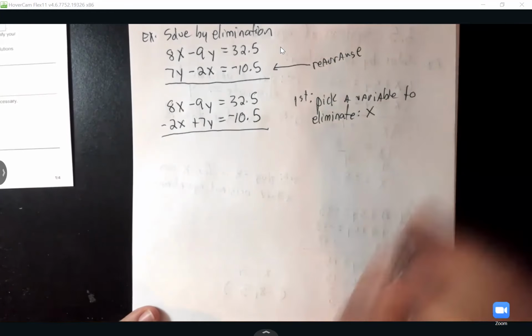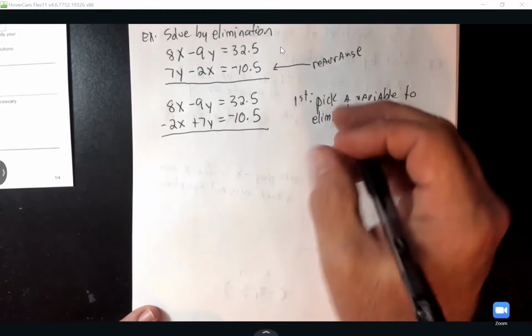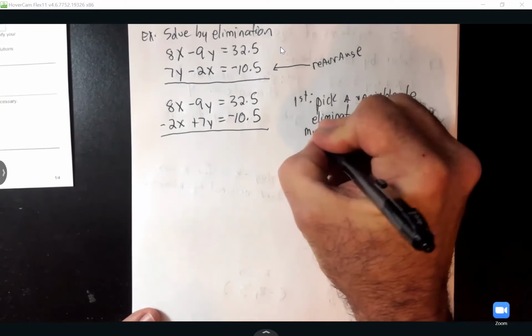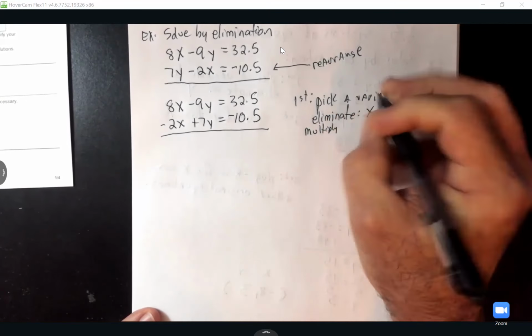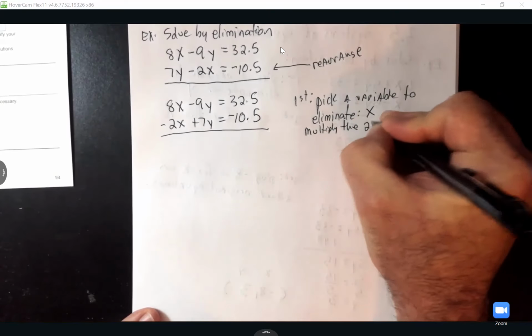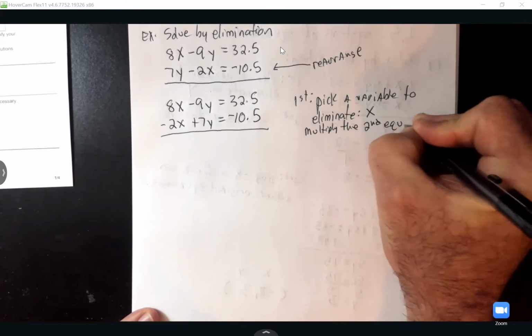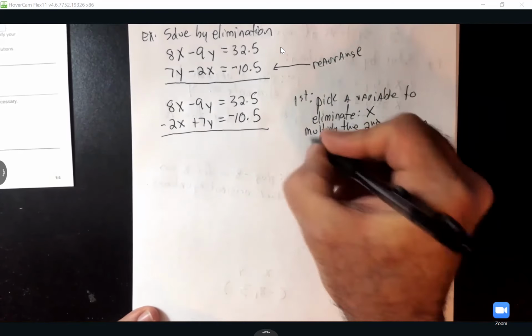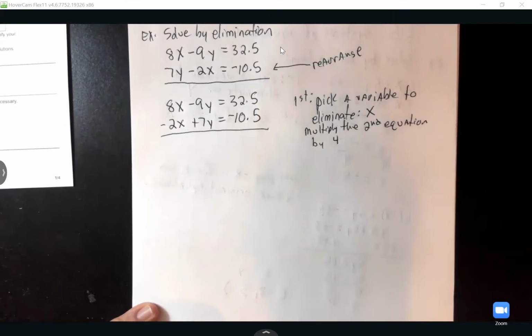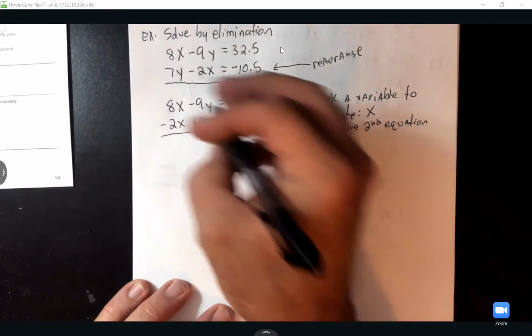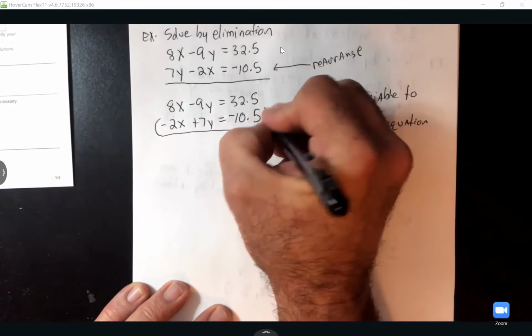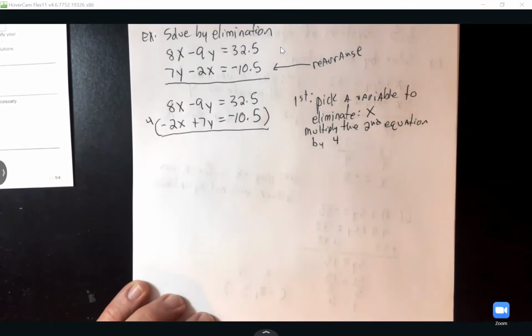So y'all watch what I'm going to do. I'm going to eliminate the x. To eliminate the x, I have to multiply the second equation by 4. So we're multiplying this whole row by 4.